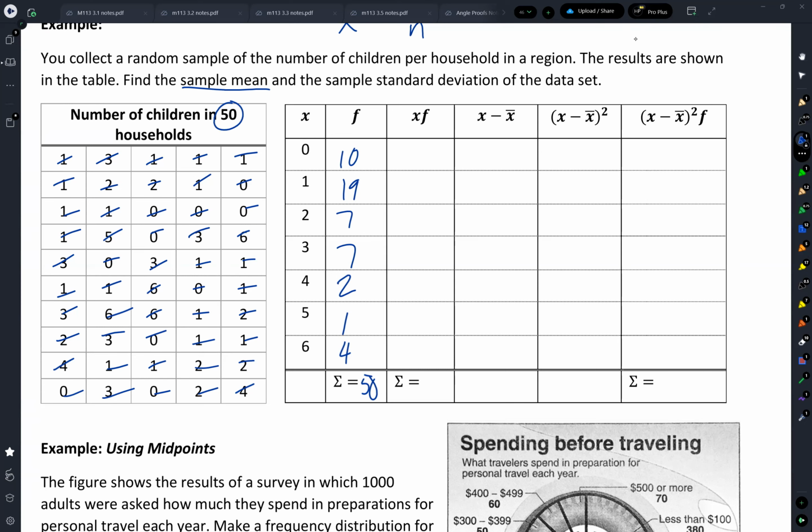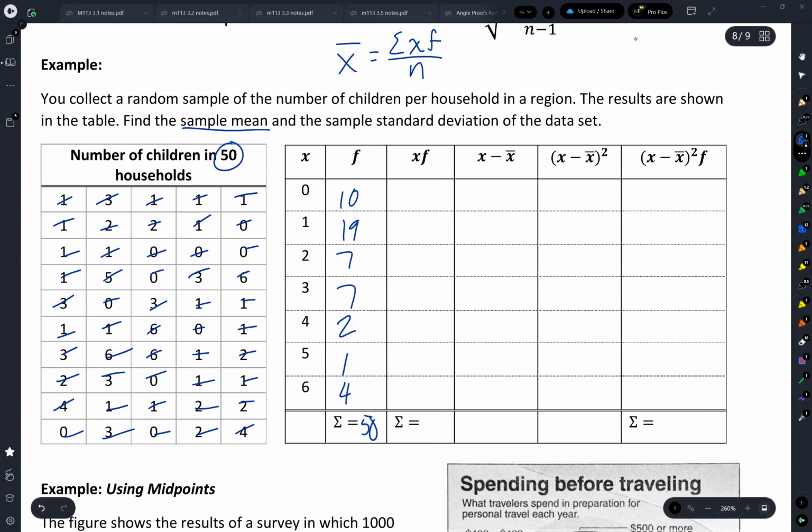Okay, so to find our sample mean, because we're going to need this x bar eventually, we have to use this formula, but we have to find all of our xf's first. This is just x times f, so we'll take the x column and multiply by the f column. It's 0, 19, 14, 21, 8, 5, and 24 for a total of 91.